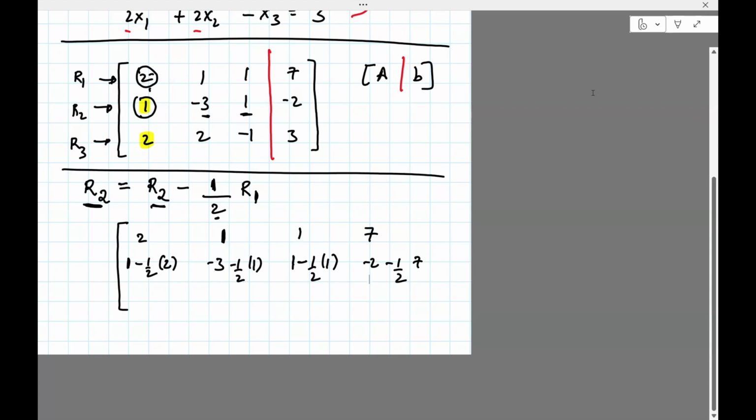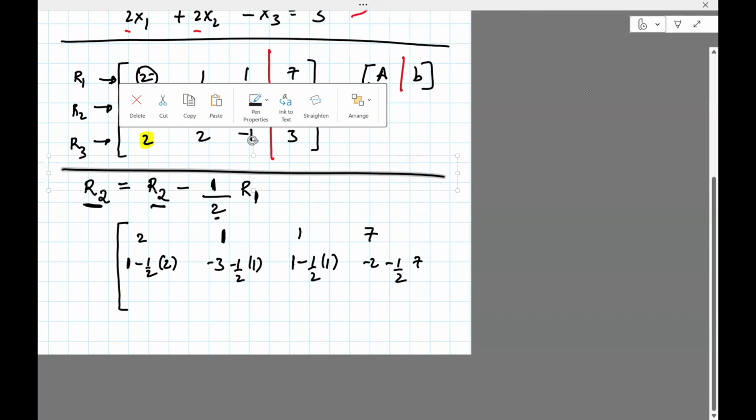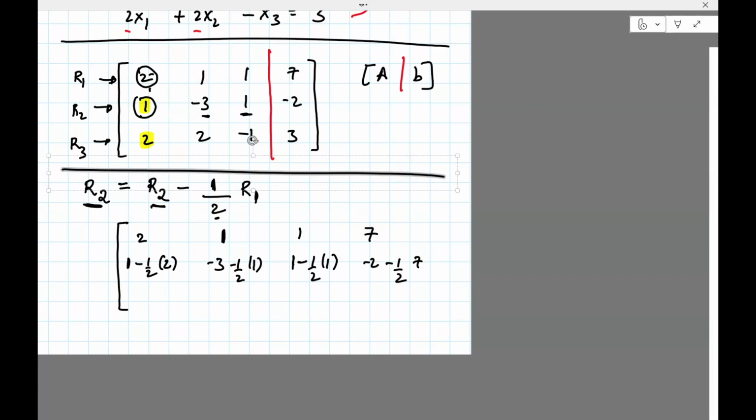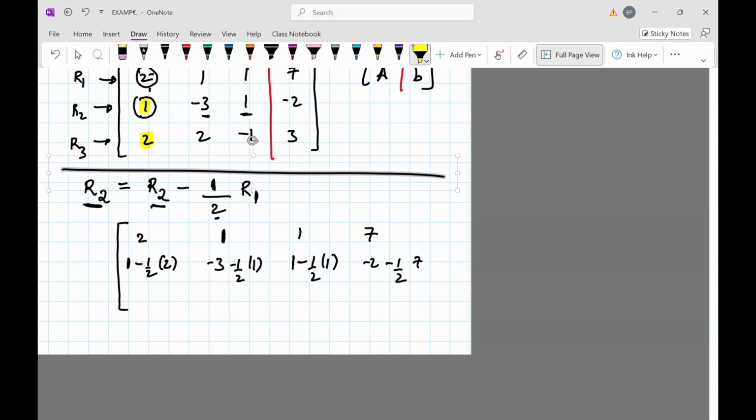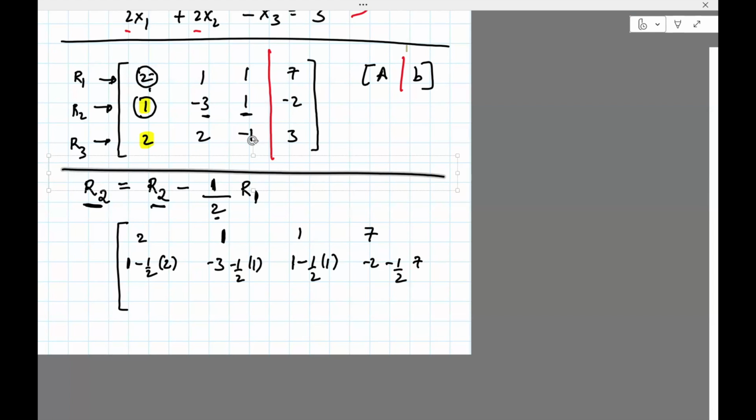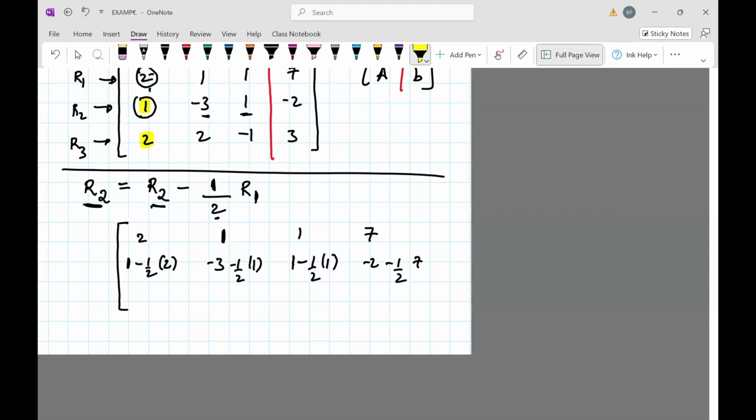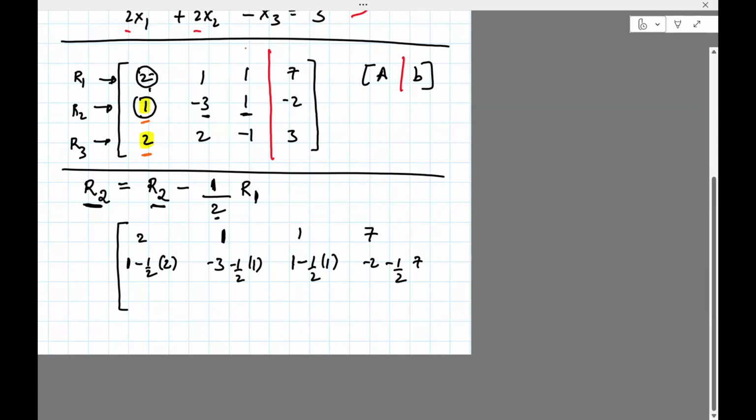That's that. I need to do that calculation, but there's another thing I need to do, which is, remember, I'm trying to get more zeros. I'm trying to crank a 0 in here too. I want a 0 here and a 0 here. I think I'll get a 0 here.